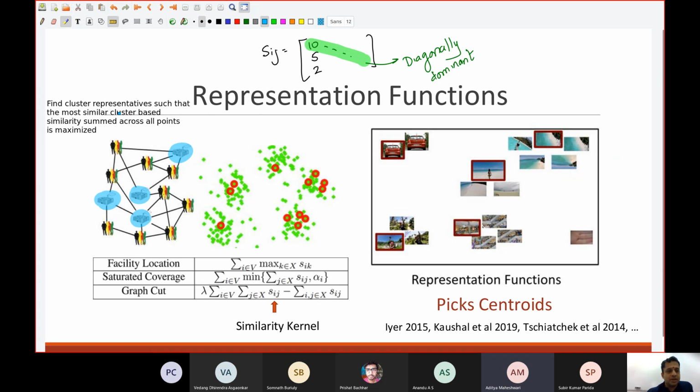But that's okay. I want to find the cluster representatives such that all the points, which are all the people here in different locations, are matched to the most similar cluster.